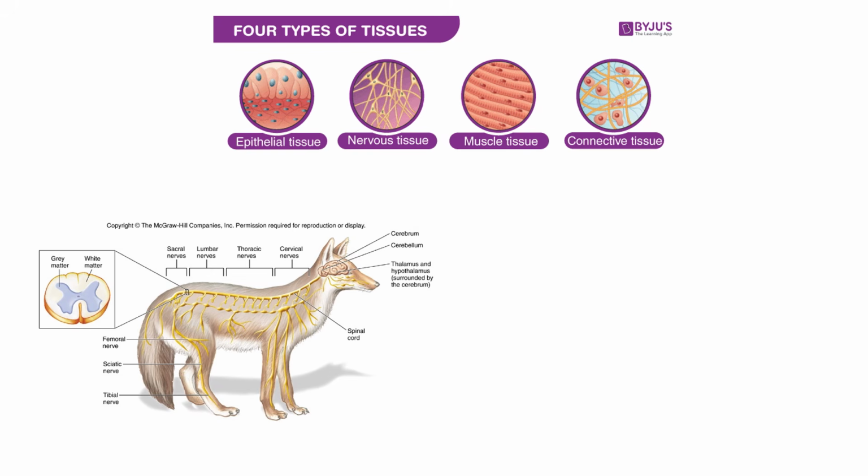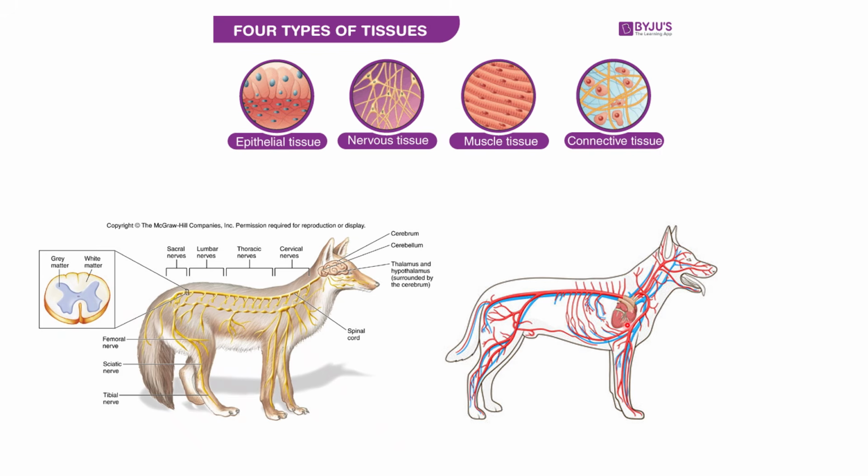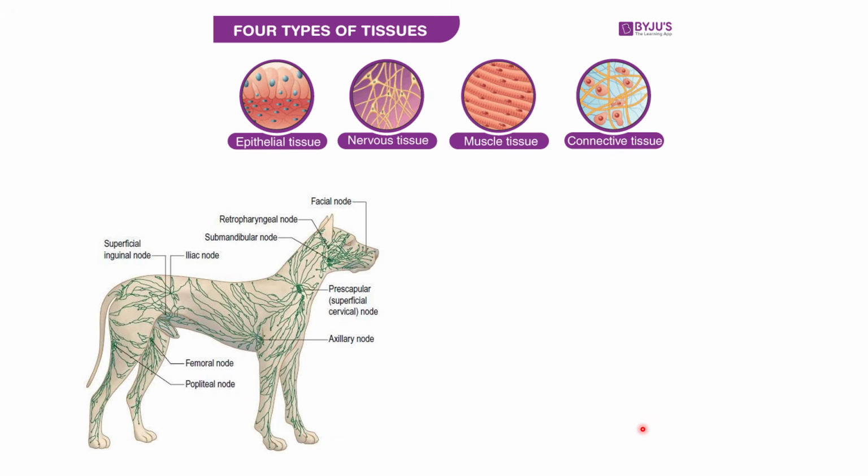First, let's review ourselves, no? For the previous meetings, this figure shows our what? Yes, our nervous system, and this shows our cardiovascular system. And for today, we will be focusing on the lymphatic system.